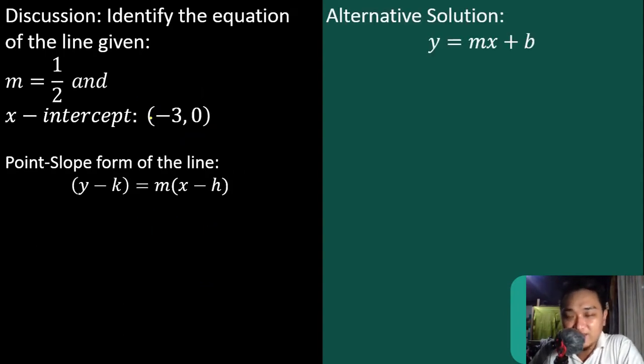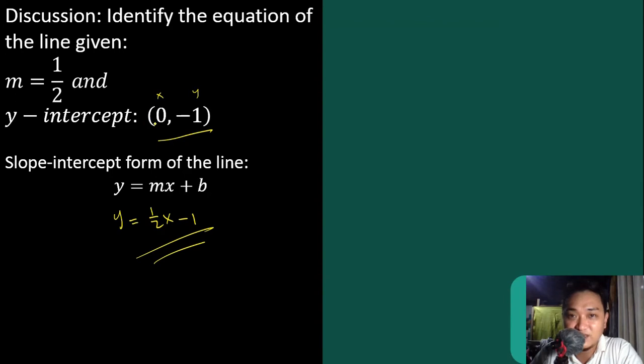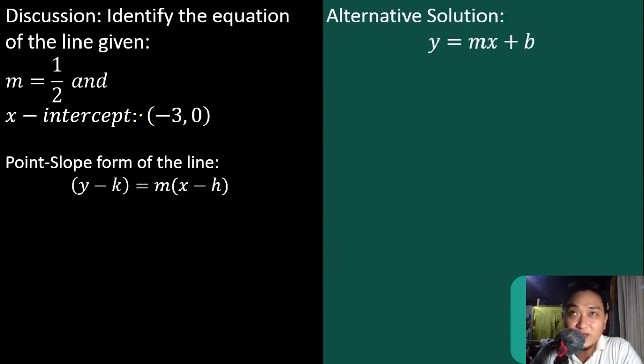Now, let us have some more examples. What if the given is the x-intercept? So, we can make use of the point-slope form of the line. Assuming that this will be our h and this will be our k. Using the point-slope form of the line, let us try to substitute. We have y minus, what is our k?